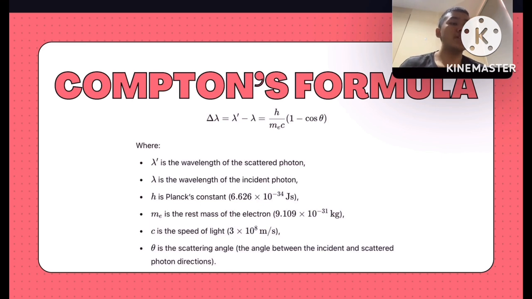Then all of these multiplied by 1 minus cos θ, where θ is the scattering angle.